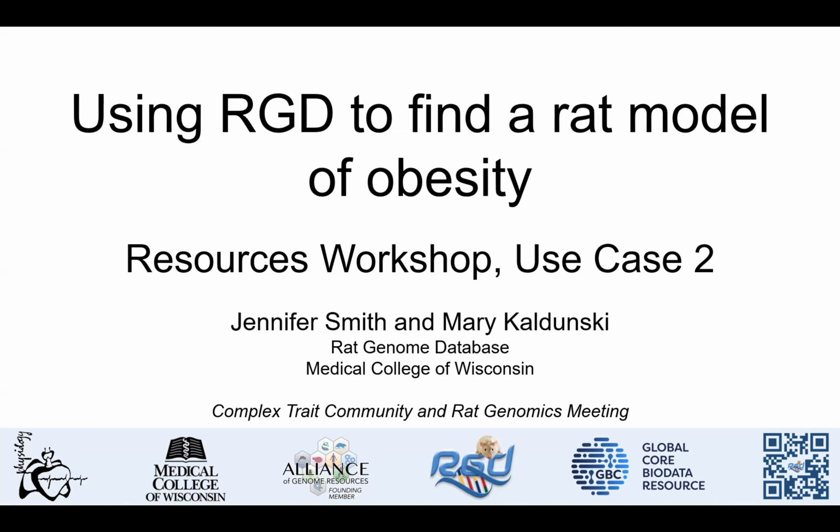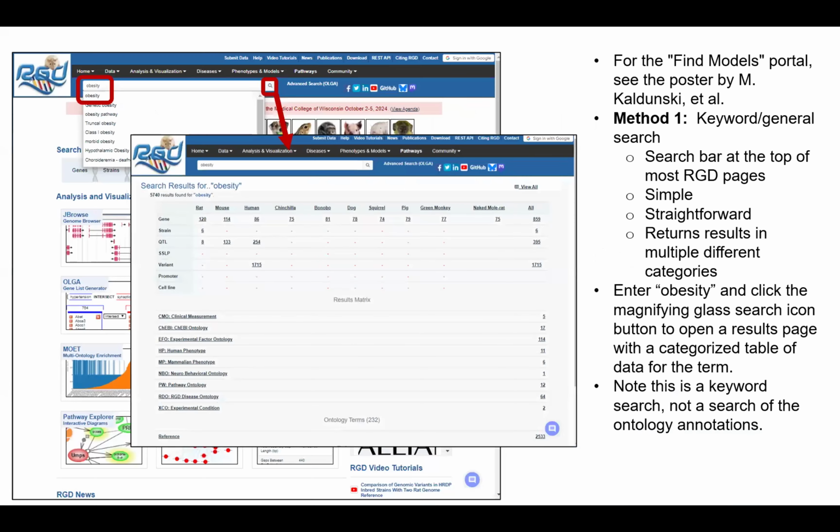So there's two main ways that we're figuring people are going to come to RGD to try and find a model.